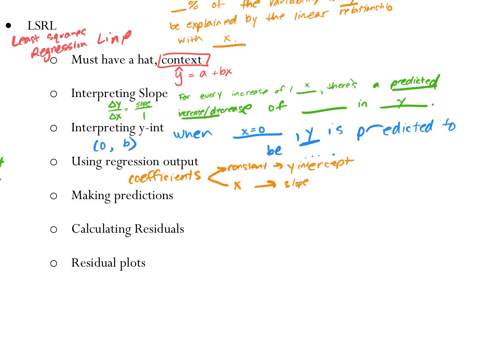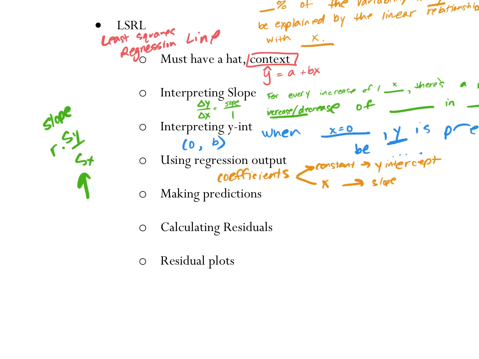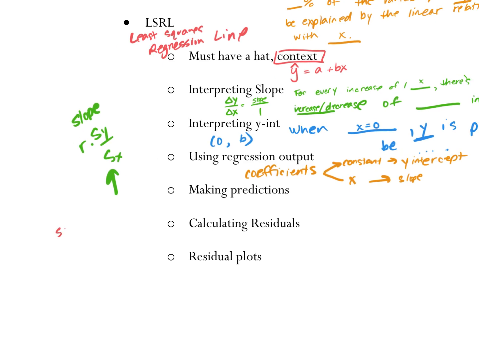So let's go ahead and pretend that the equation for the scatter plot I just said was that your test score is going to equal 10 times your hours plus 52. Again, pretending, okay?